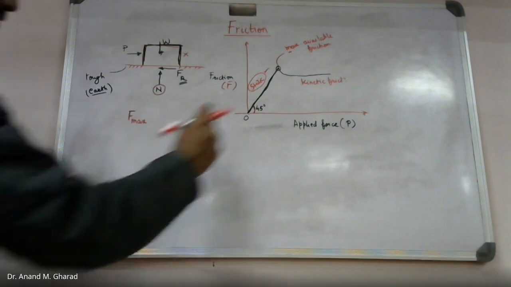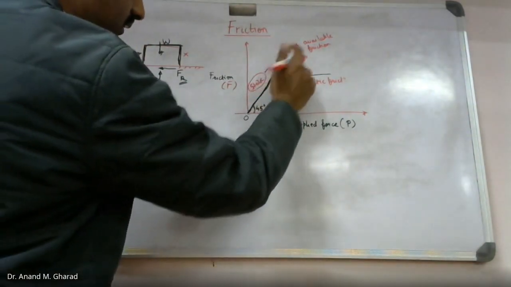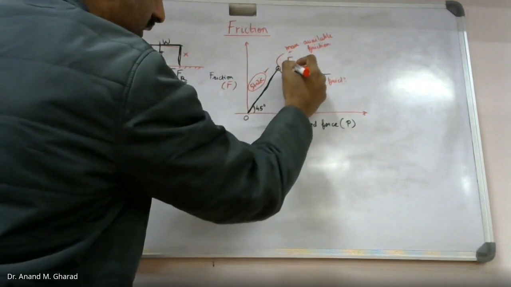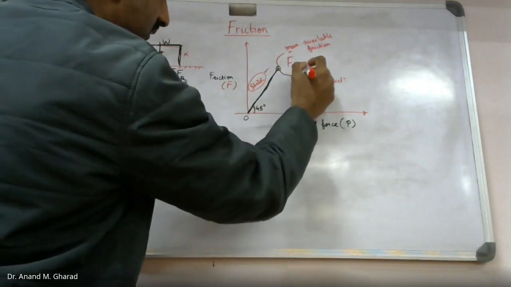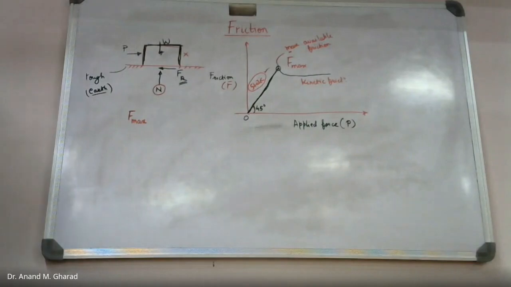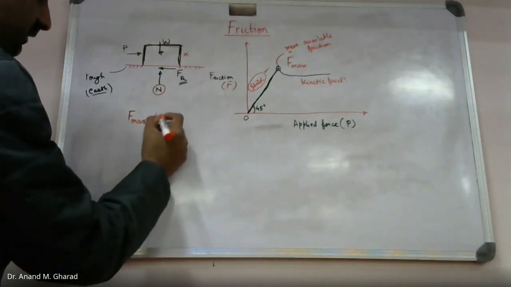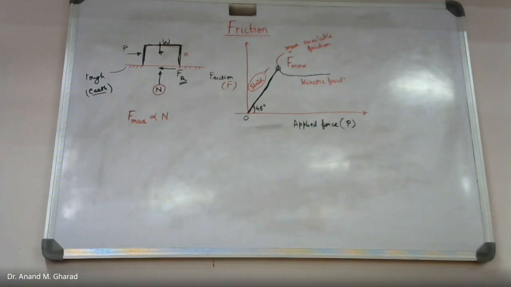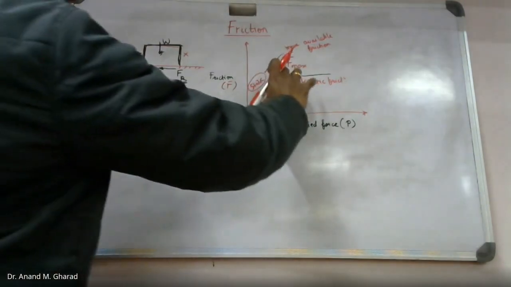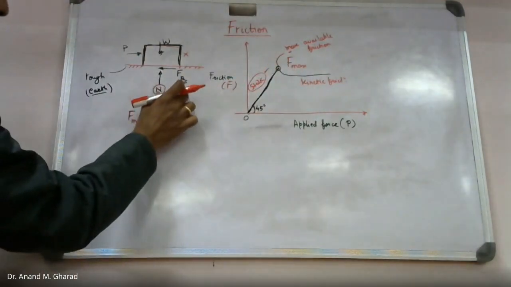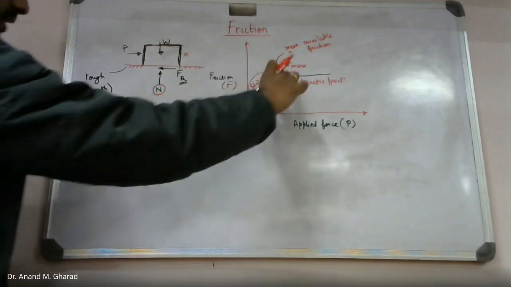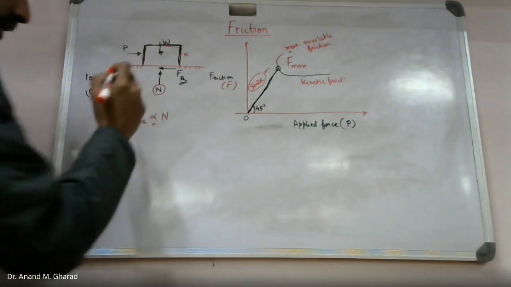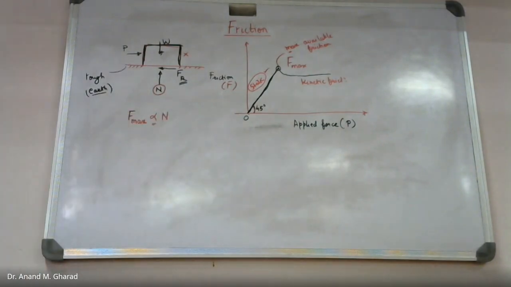Which is known as maximum friction. As you can see from here, what you term as maximum available friction, I will call it F max. Okay, so F max is directly proportional to the normal reaction. This equation we can derive for this condition. F max is in direct proportion to the normal reaction.